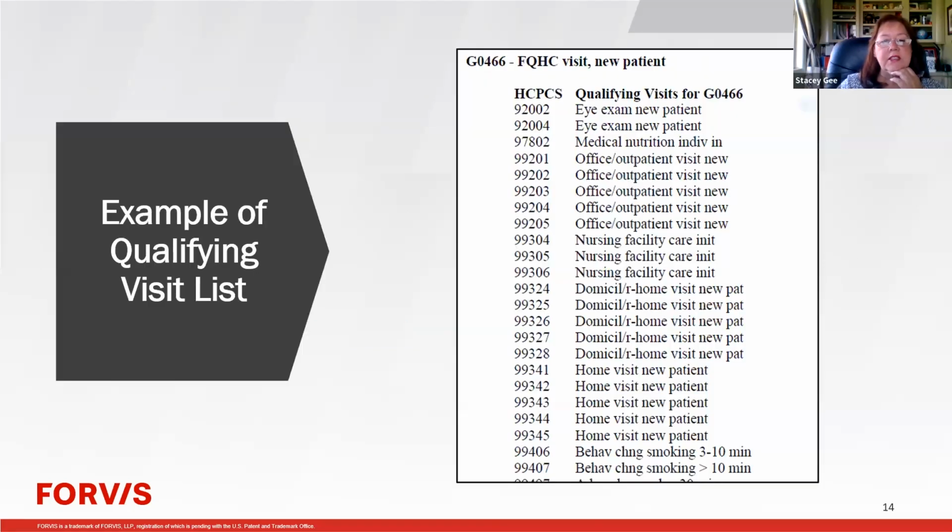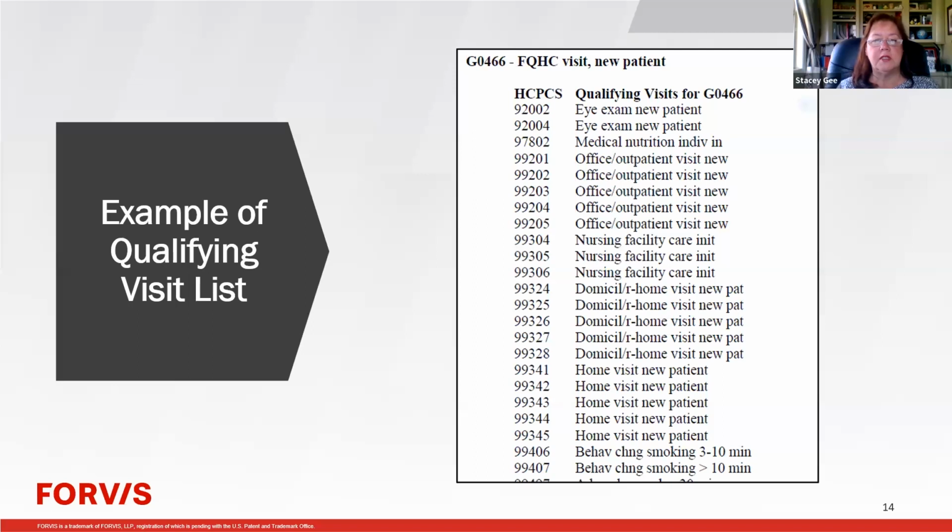The next slide is an example. This is what you'll see, and this is not an inclusive list. This is literally just a snippet that I took. So when we talk about the FQHC payment codes, that's going to be the G0466, which is an FQHC visit for a new patient.